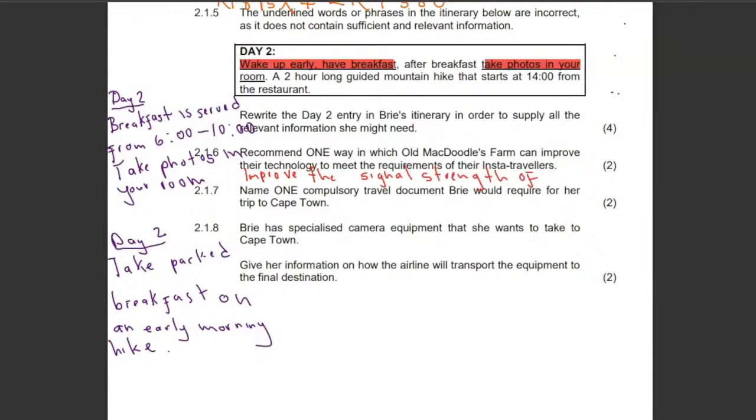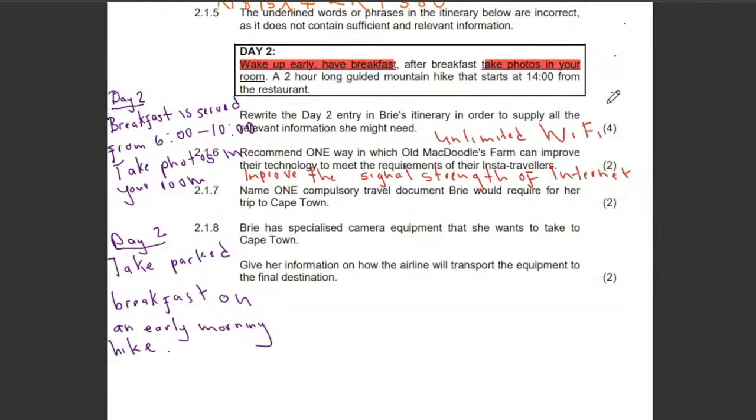Improve the signal quality of the internet. Then another option, unlimited Wi-Fi access. Those are two options. You can either provide unlimited Wi-Fi or improve the signal strength of the internet.